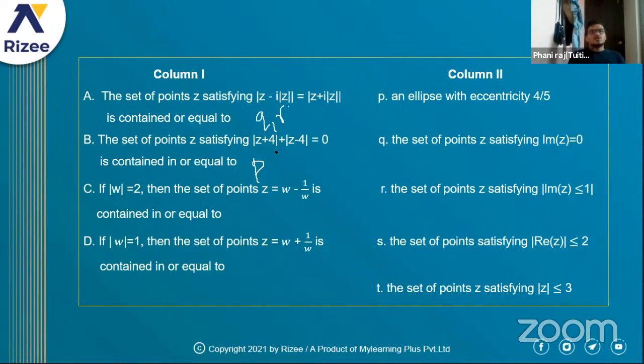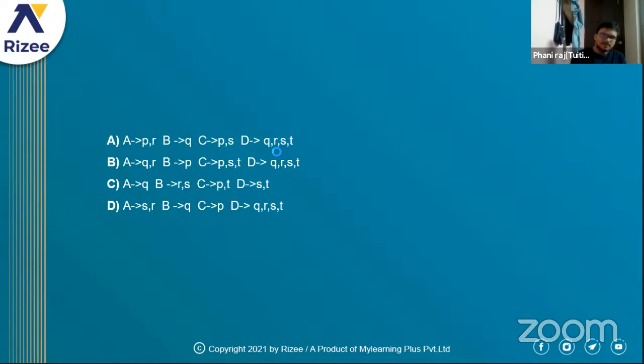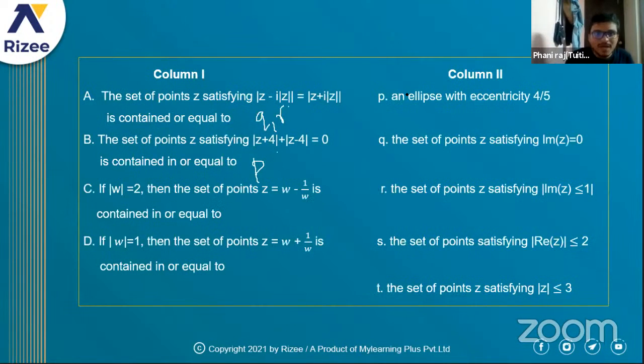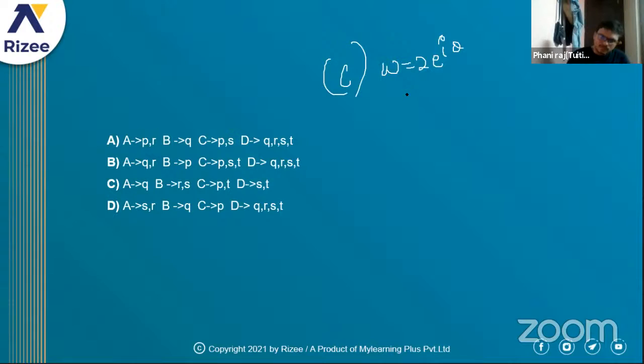Mod omega equal to 2, then the set of points z equal to omega minus 1 by omega. Oh, this is for C. Okay. If mod omega equal to 2 means what? Omega equal to 2 e power i theta. Then omega minus 1 by omega is 2 times e power i theta minus 1 by 2 into e power minus i theta.